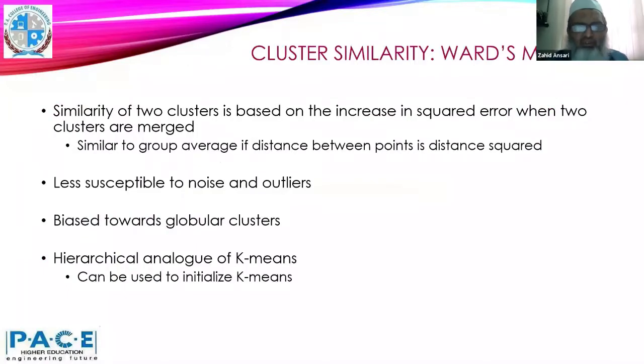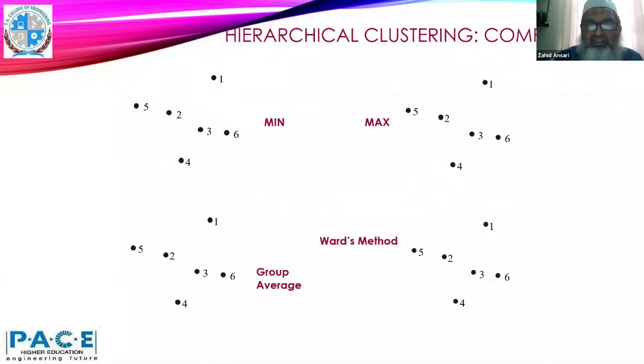In the Ward's method, we are trying to choose those kinds of merging due to which the objective function is minimized. So this is also demonstrated over here. Here, we are using min, max, group average, and Ward. Instead of centroid, now here we are using Ward.